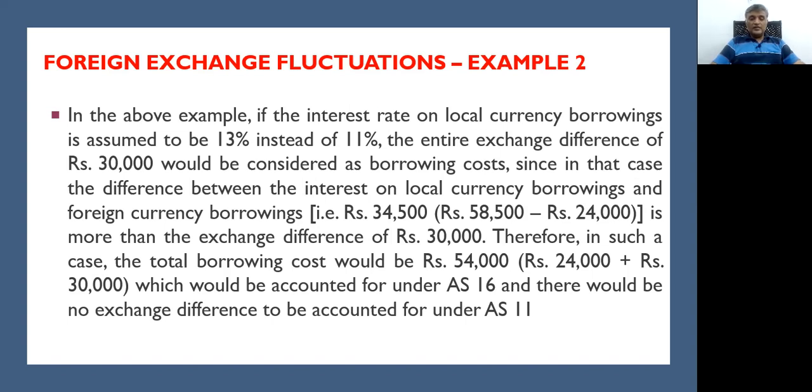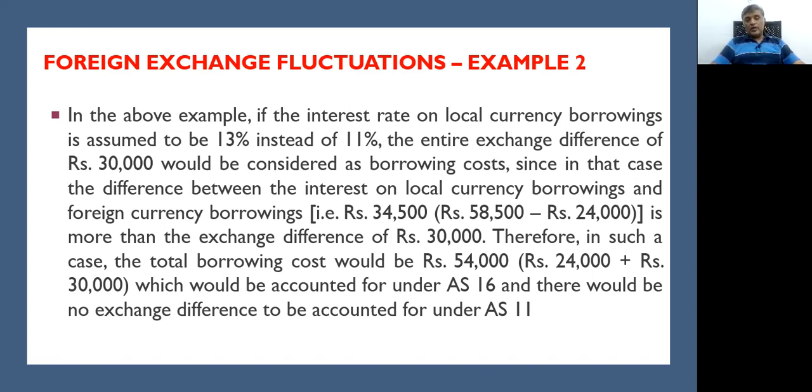Okay, so that is very important. So what is the total borrowing cost now? It is 24,000, which is the interest on the foreign currency loan, plus 30,000, which is the exchange difference. So the entire 54,000 will be under AS 16, which means no exchange difference will be accounted for under AS 11. It's a very important example.